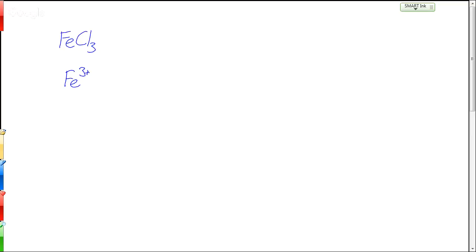Where oxidation state can get a little bit trickier is in covalent compounds when it's not as straightforward. So let's take something like nitrate ion. We want to find the oxidation state of nitrogen. To do that, we have to look at the molecule.